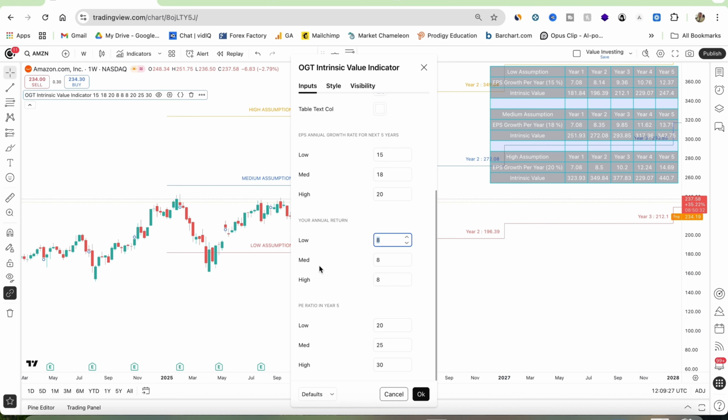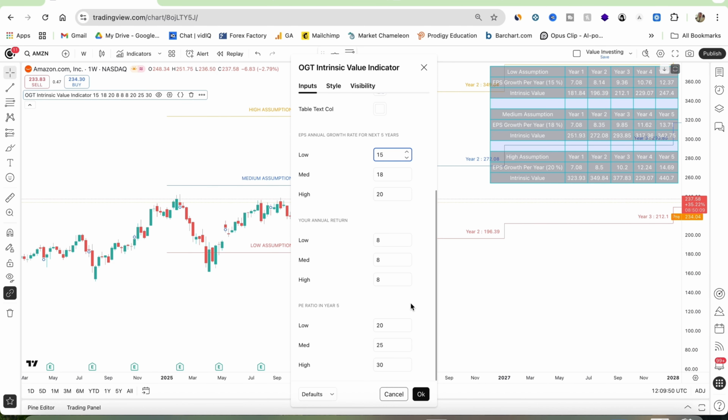If you put this to 0, it will push everything up because it just assumes that there's no margin of safety inside there. This works backwards from year 5 to get to year 1. So if we look at the low example, it's taken a 15% earnings growth rate.